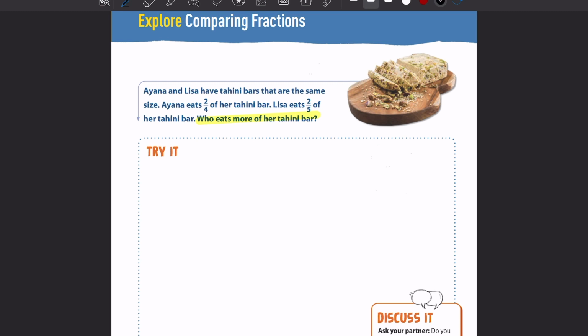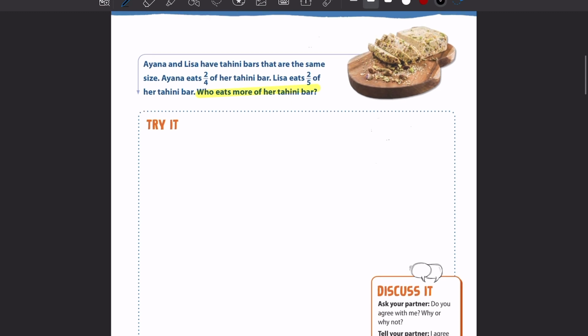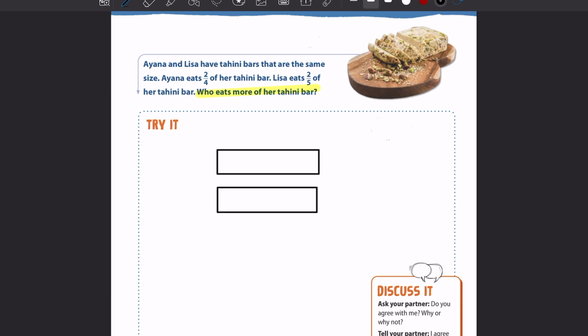A simple way to figure out the answer to this question is to draw out some fraction bars. So I'm going to draw out 2 fraction bars. I'm going to try to make them roughly the same size, and that came out pretty good. This first fraction bar is going to be Ayana's.